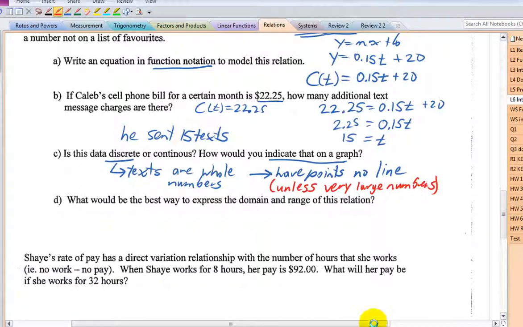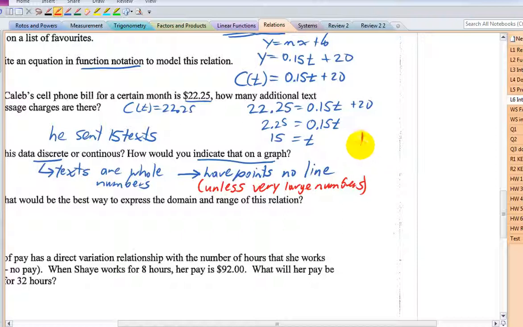So if I had a graph and I was graphing this one, 0, 1, 2, 3, I would put specific points on the graph. But if I was graphing 0, 100, 200, 300, well then I would probably put a line because it makes sense to have 150, 110, 101.